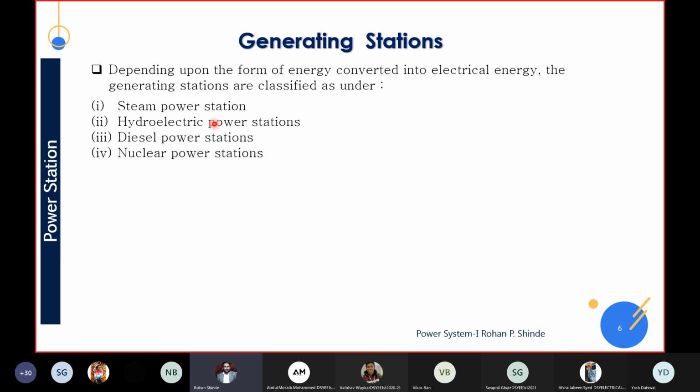That energy gets converted into a mechanical rotation by using the water turbine, so that electricity is generated with the help of the alternator. Next is diesel or gas. Similarly, diesel and gas are the input to the turbine, and that converts these energies into electrical energy.